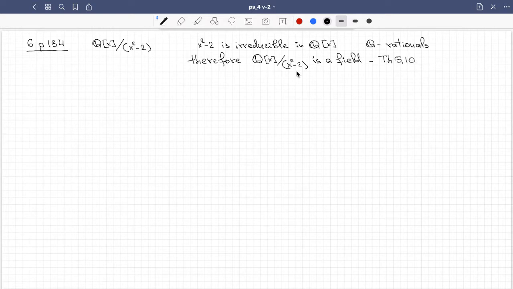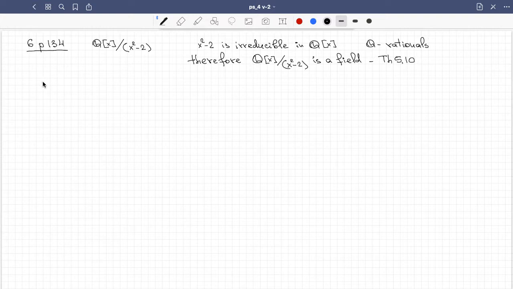So this is a field, and as a set, this is a set of congruence classes of polynomials modulo this polynomial.